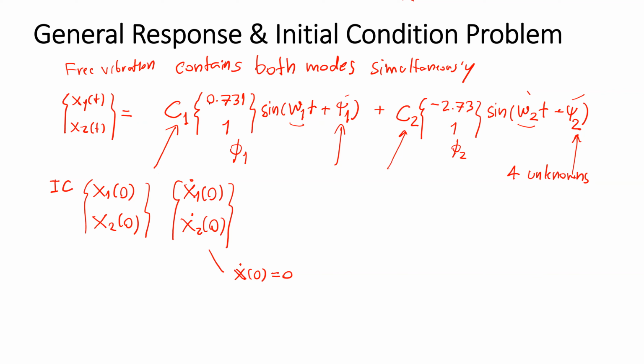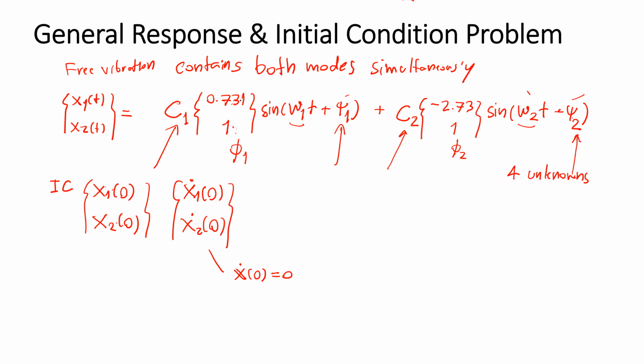And if you move x1 and x2 to the same direction, that's similar to mode 1. If x1 and x2 are in the same direction, when we solve the equation, we will obtain the value of C1, C2, and the phase shift.